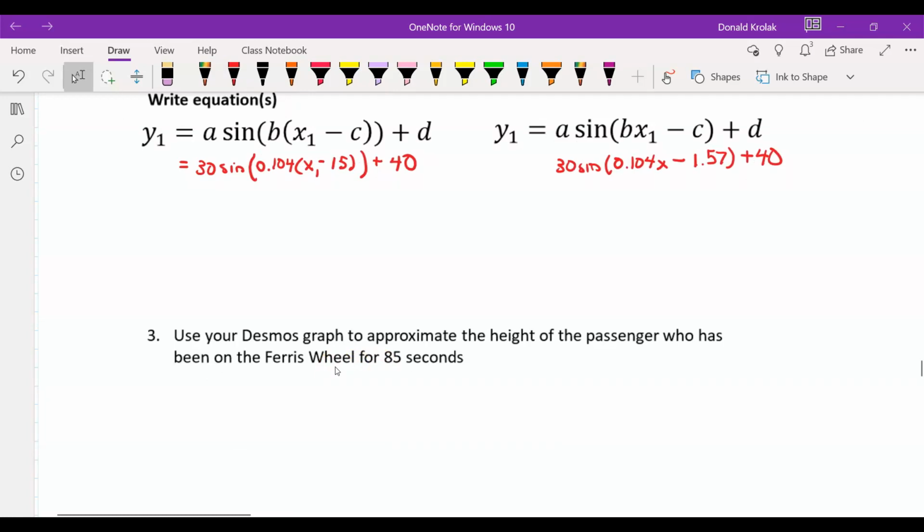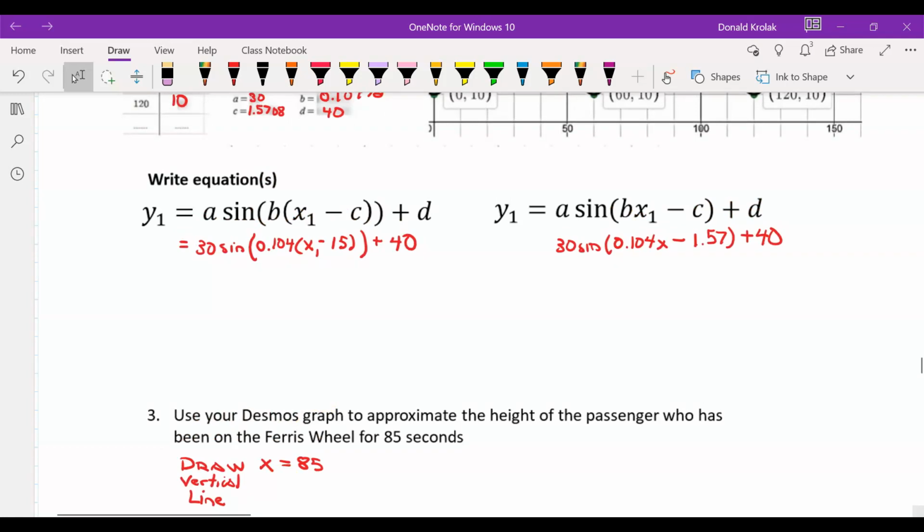So you're going to draw the line x equals 85 on Desmos. That's going to be a vertical line, and where it touches the graph, that's going to be the height.